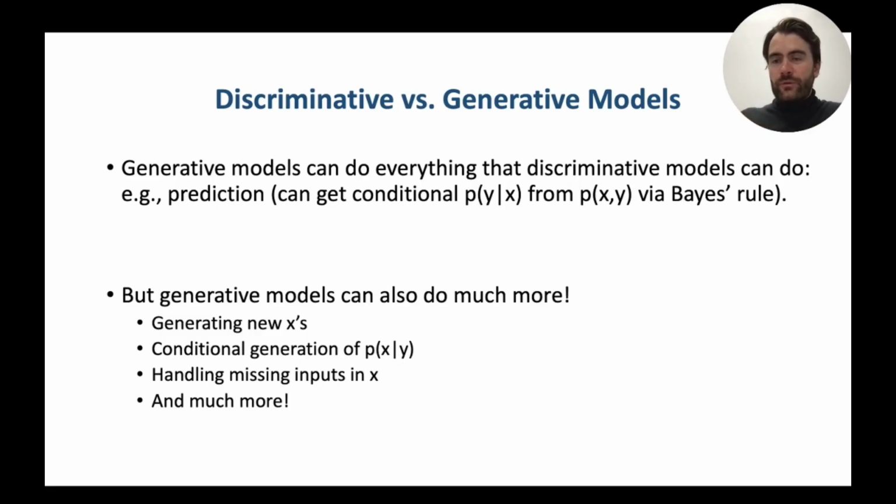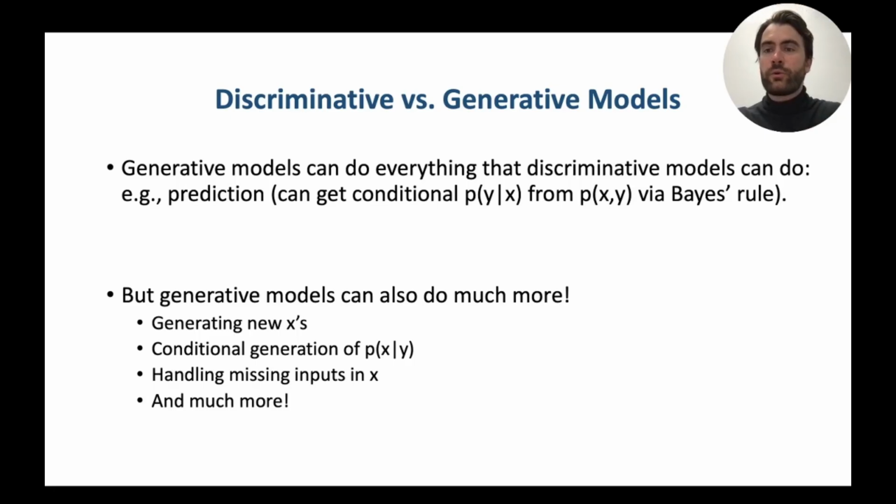Perhaps the most impressive use case of generative models is being able to generate new data. For example, we could ask a generative model to create new images that it has not seen before at training time. Or perhaps we could ask it to generate images conditioned on some kind of input, for example, a piece of text that describes the thing that we would like to generate.